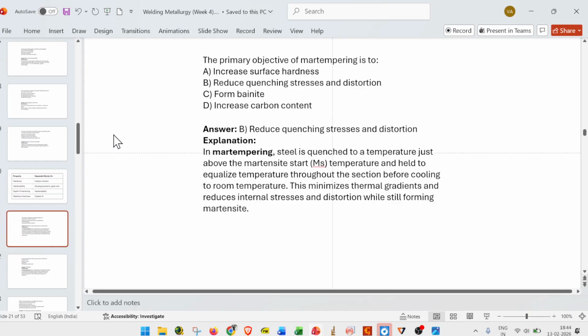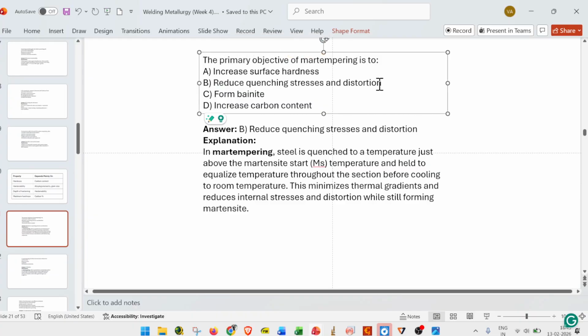So next, we will come to martempering and austempering. What is it? It is mostly about how we cool the material. So, the first option: the primary objective of martempering is to increase the surface hardness?